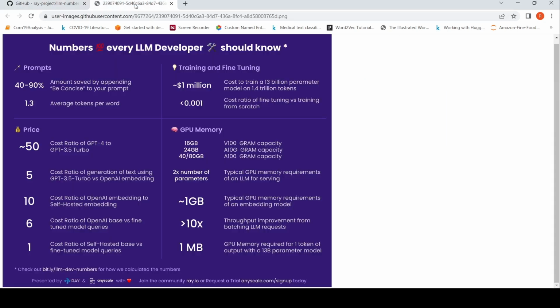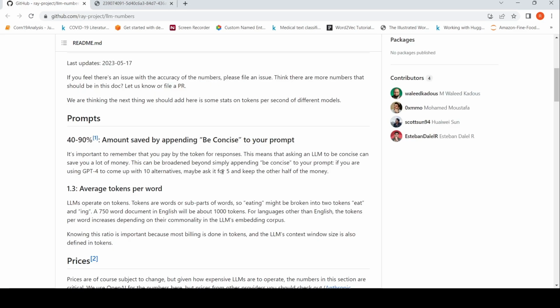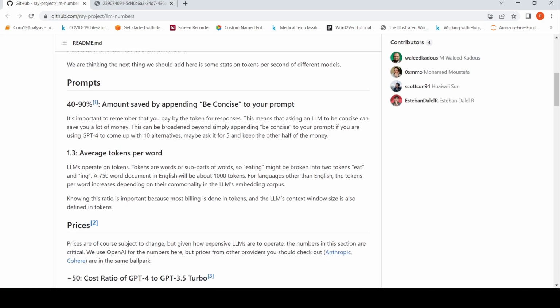Then the next term over here is 1.3 average tokens per word. The idea is that large language models operate on tokens, right? Tokens are words or subparts of words. So a 750 word document in English will be close to 1000 tokens. For languages other than English, this could increase.